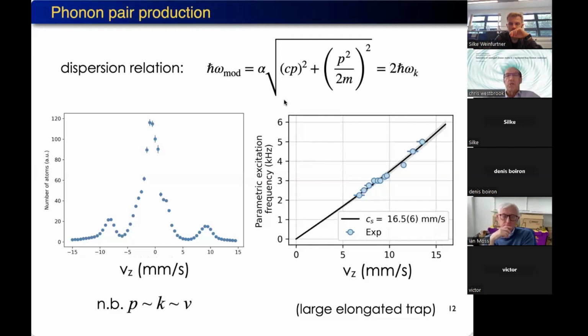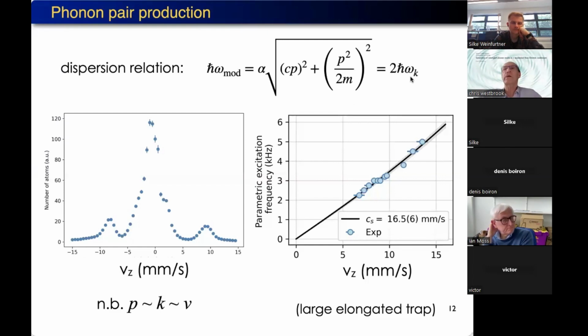From this, you can determine two things. You can measure the speed of sound. And equally importantly, there's a coefficient alpha here, which you can demonstrate experimentally is equal to 2, because the excitations that we create have frequencies that are half those of the modulation.